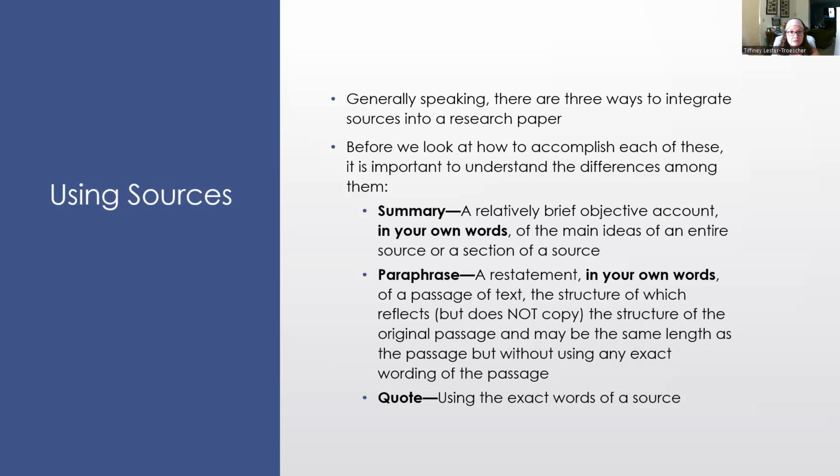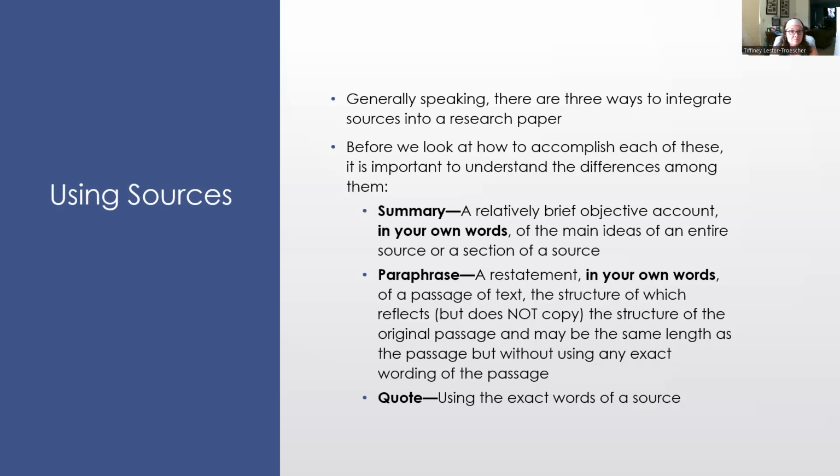A summary is going to only discuss the overall main ideas of the source. It is not going to really get into a lot of the details from the source. If you are hoping to touch on some of the specific details in that source, then summary is probably not the way to go.